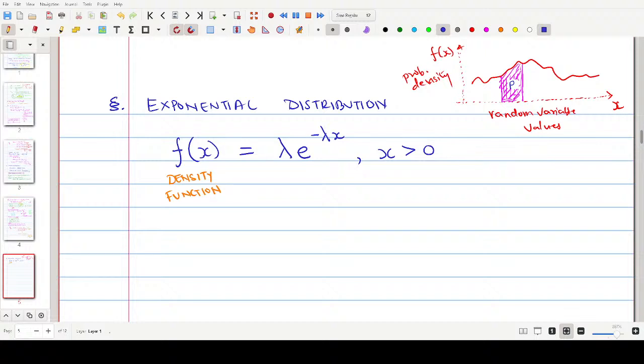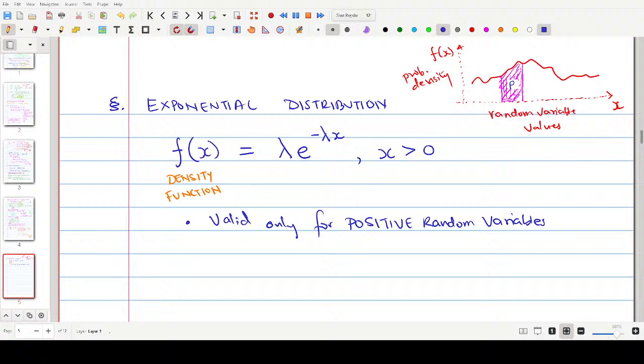So exponential distribution is relevant only for positive random variables, right? When x is less than 0, we cannot use exponential distribution, and that's where the next distribution, called the normal distribution, will come. That density function is a little bit more accommodating to negative random variable values.